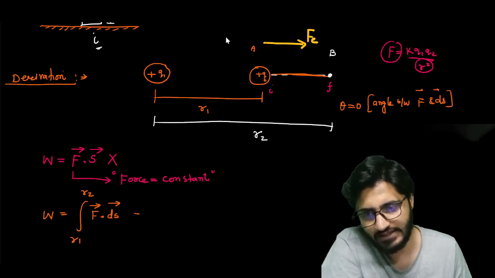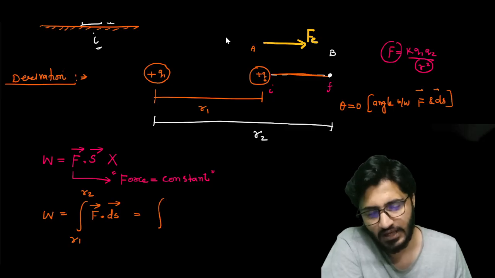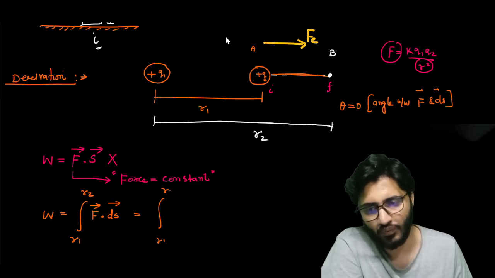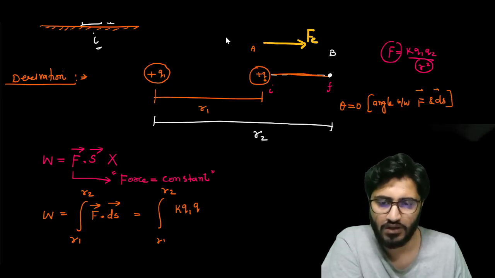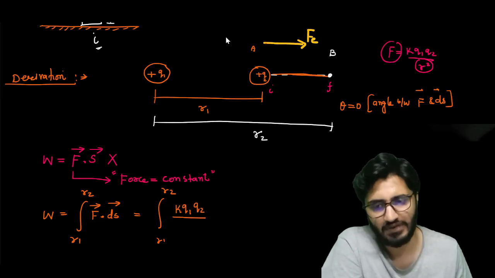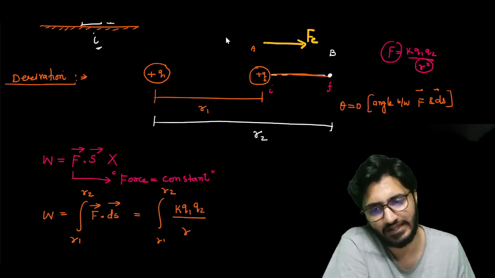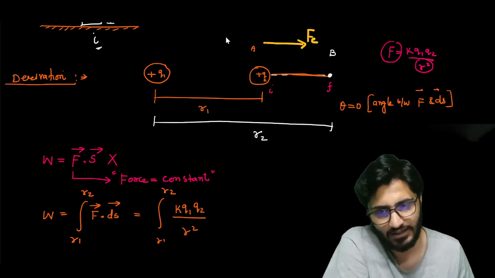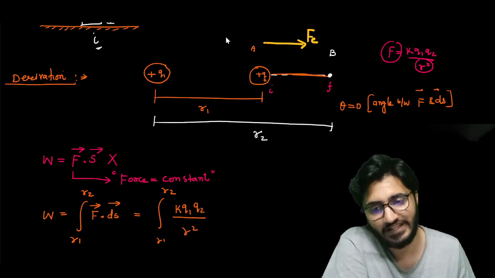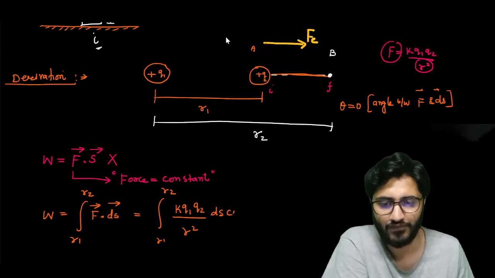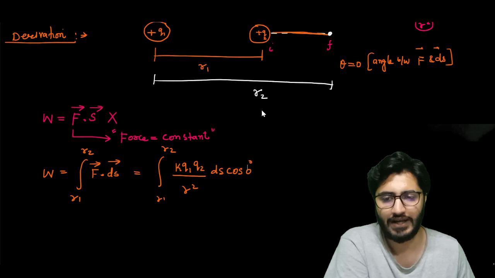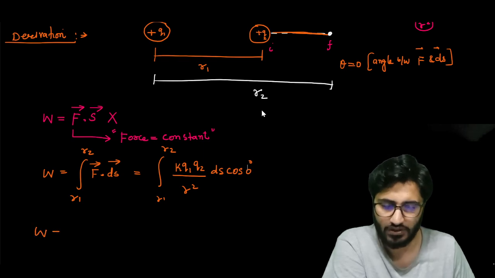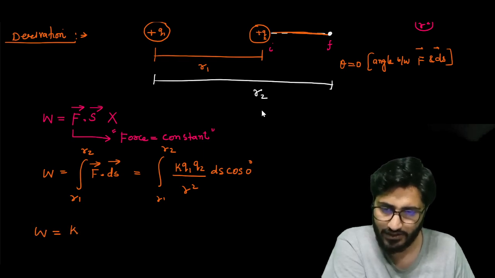So now if I open the whole thing, it is from R1 to R2. What is F? Force is equal to K Q1 Q2 by R square. I will take a general R. Then F ds, so I can write ds cos theta, and theta is 0 degrees. So work done is equal to, look now, K is constant, Q1 is constant, Q2 is constant.